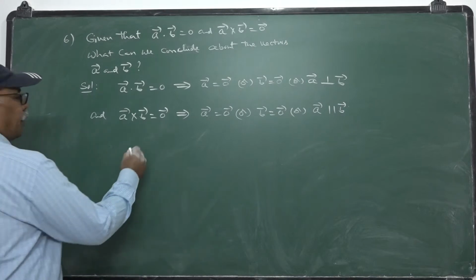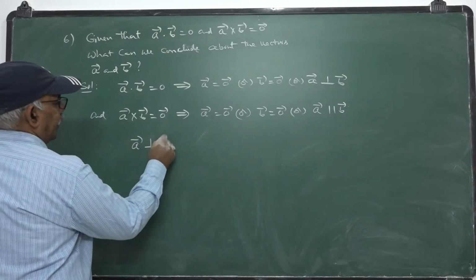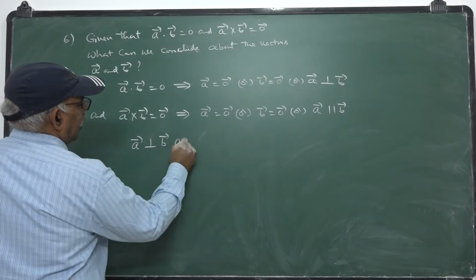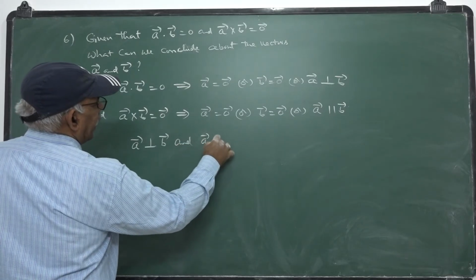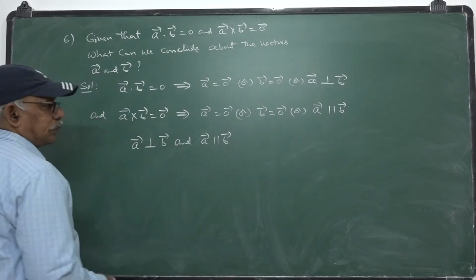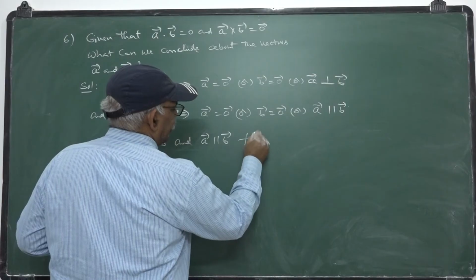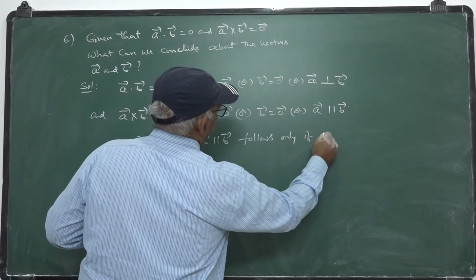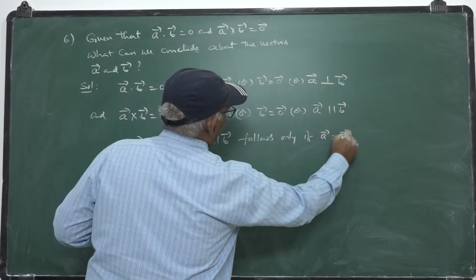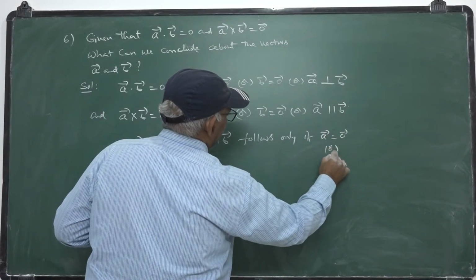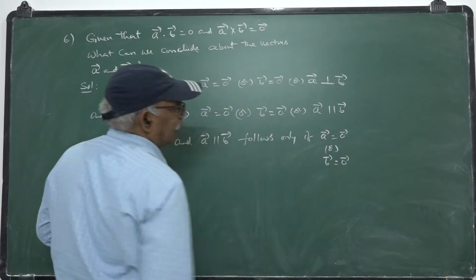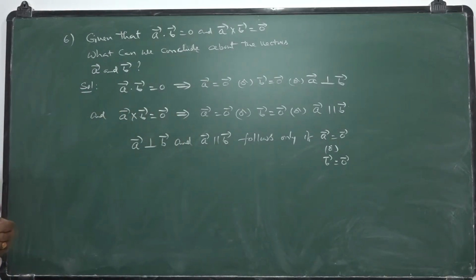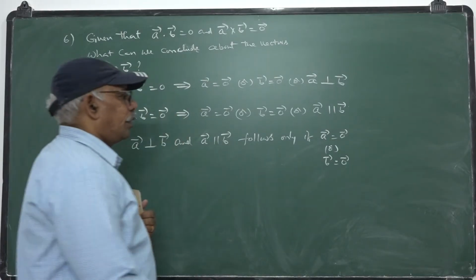So A bar perpendicular to B bar and A bar parallel to B bar follow only if A bar is 0 bar or B bar is 0 bar. Any one of the vectors is 0, it follows.